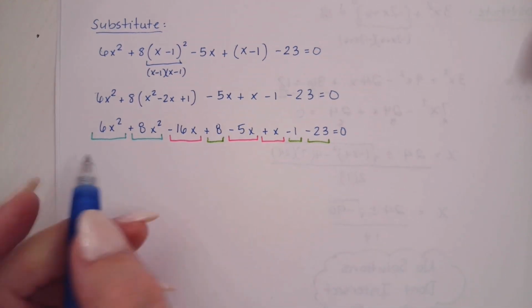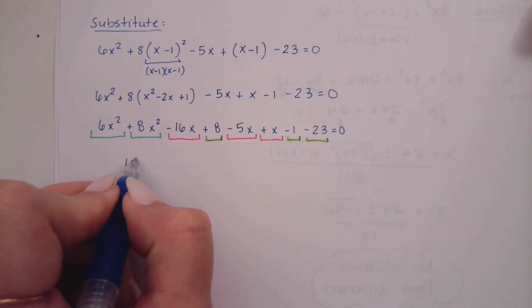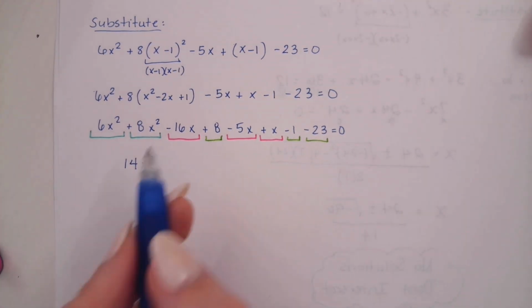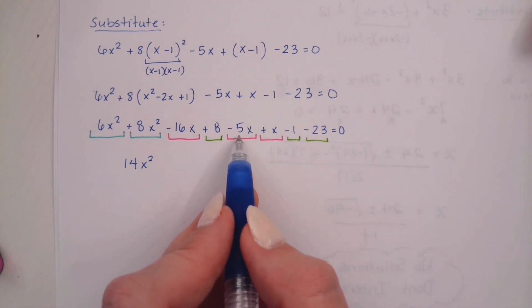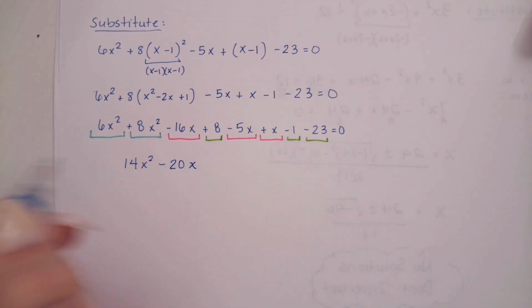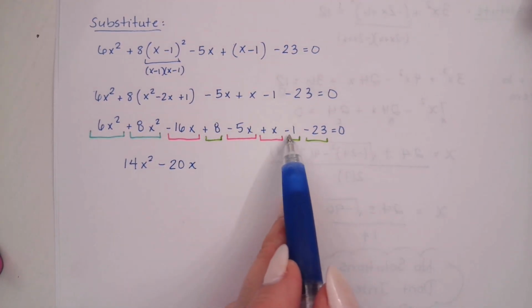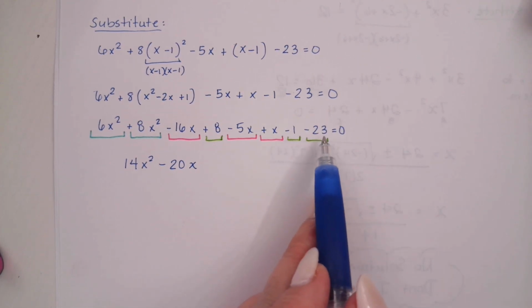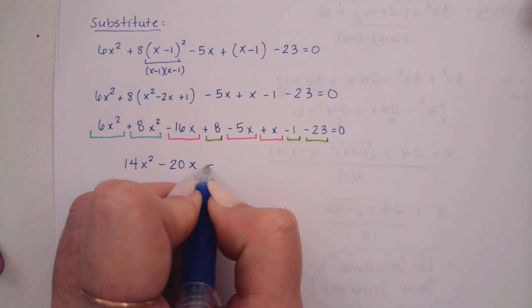All right, starting with combining the 6x squared and the 8x squared. Good job. -16 minus 5 would be -21. Plus 1 would be -20. Very good. -20x. And then we got 8 minus 1, which is 7. And then what's 7 minus 23? -16.